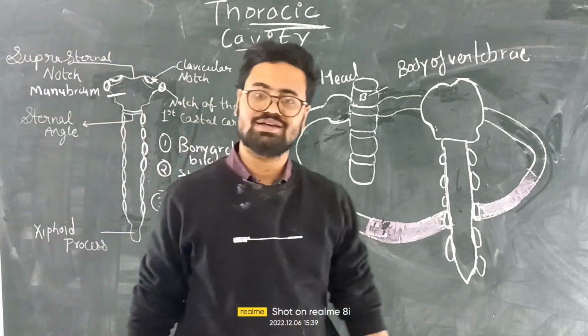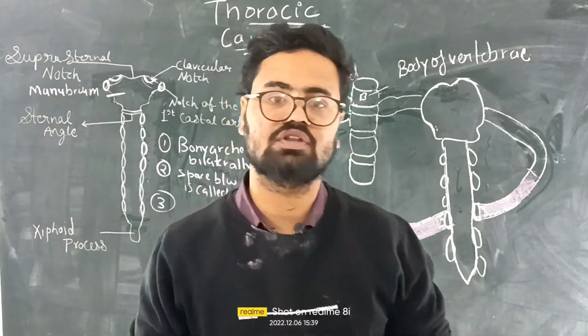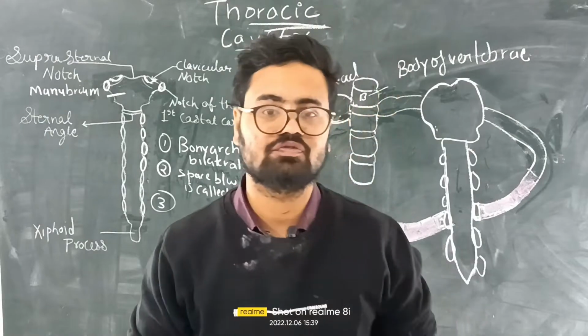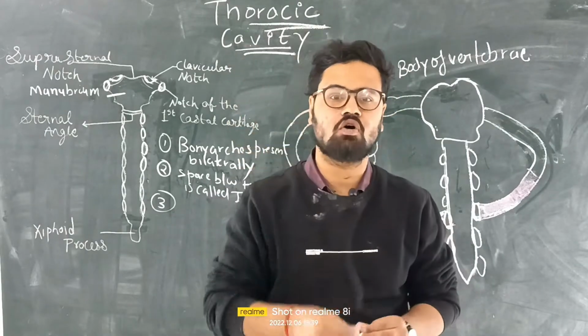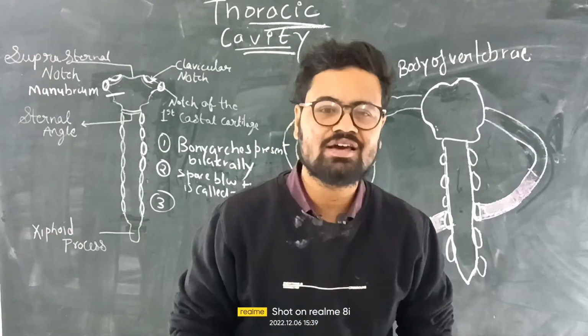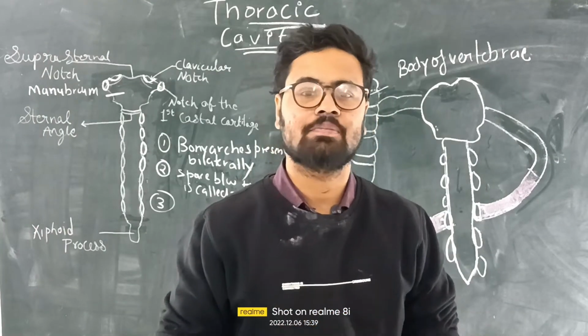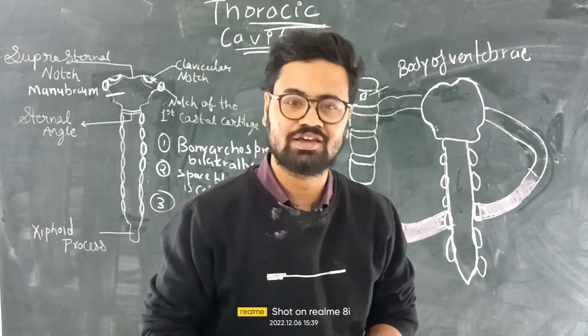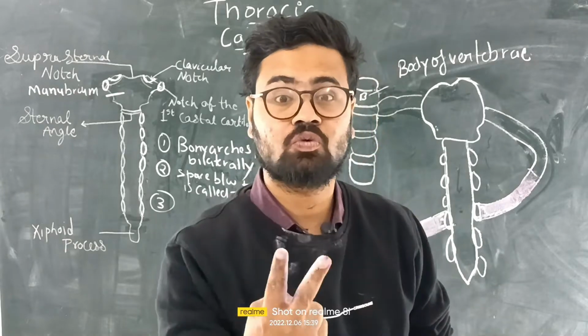Now again, the third point is the length of the rib increases from the 1st to the 7th rib. There are 12 ribs present inside the thoracic cage. How many ribs? 12 ribs.